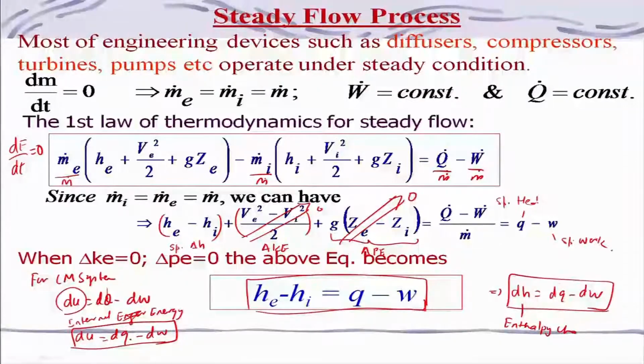That is all. Now we will apply this equation to some application. Let me tell you, we are going to take an example where we need to consider the original equation.